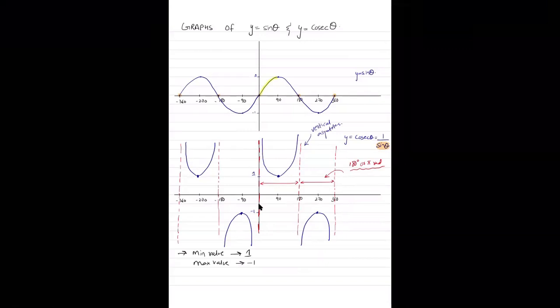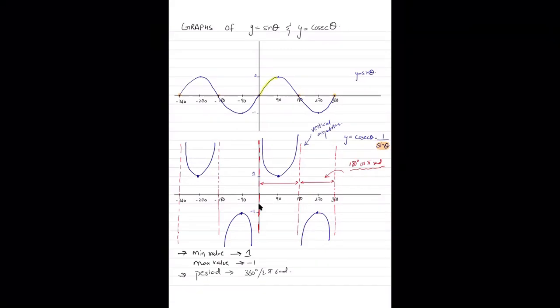The period of this graph is also, so this part together with this part makes one cycle of cosec theta. So the period is 360 degree or 2 pi radian. You might be asked to draw it in radians as well. Always deal with the asymptotes first.